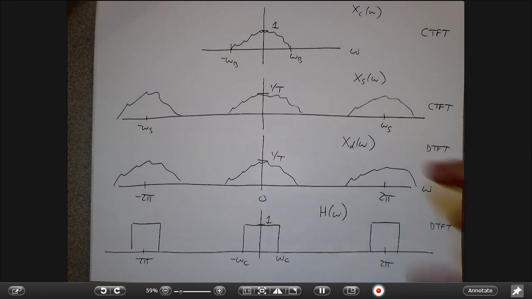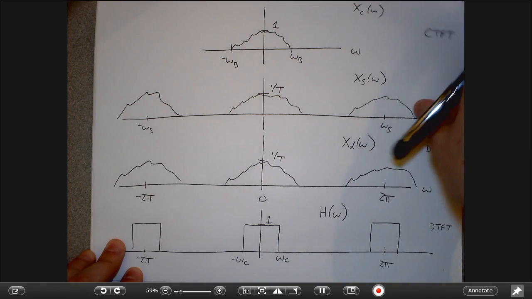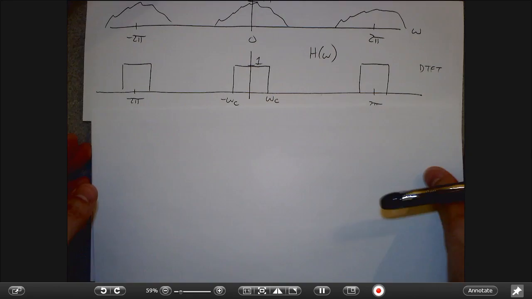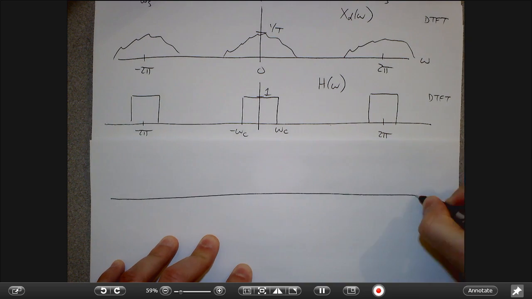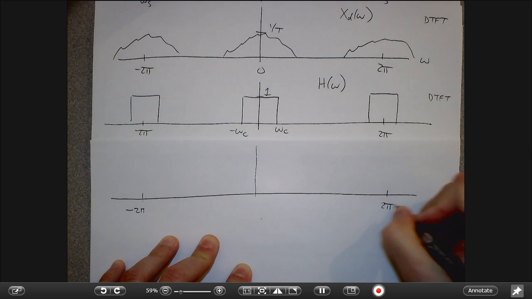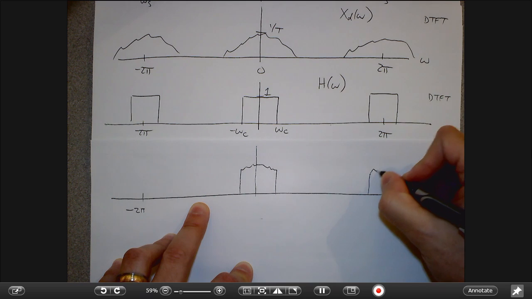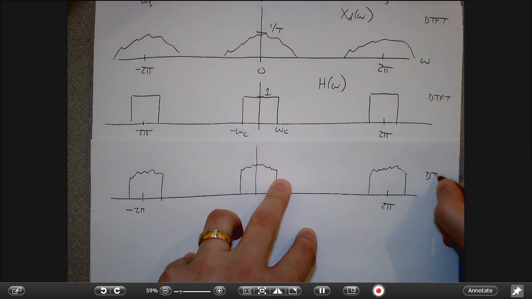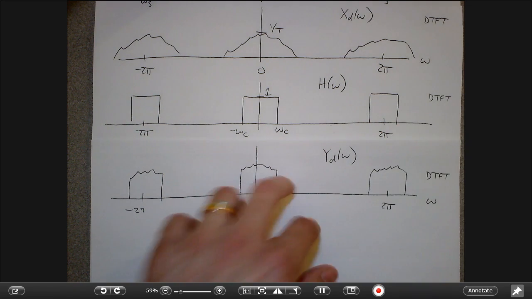Now when I filter that discrete time signal, I am going to cut out the middle part of each of these copies. So my next picture is going to look like this. Now I'm going to have just the middle bit. This is going to be the DTFT of my discrete time filtered signal.